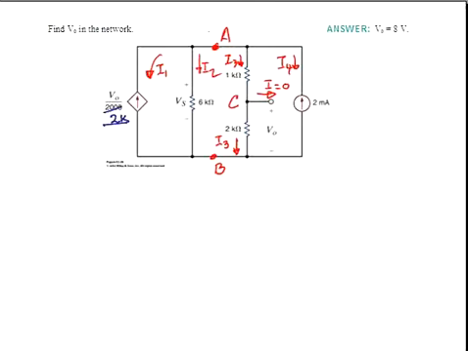Now we need a relationship between the VO controlling voltage and the V sub S. We have a voltage V sub S labeled between the nodes A and B, and that will be our working voltage to determine the various branch currents in the resistors.